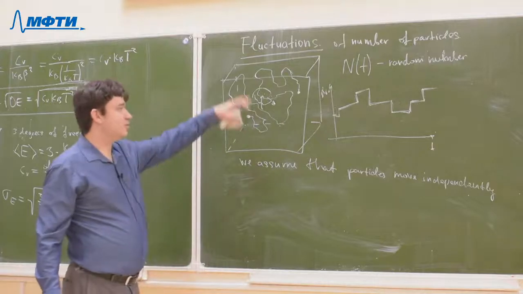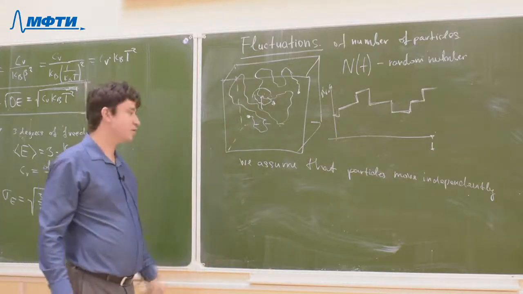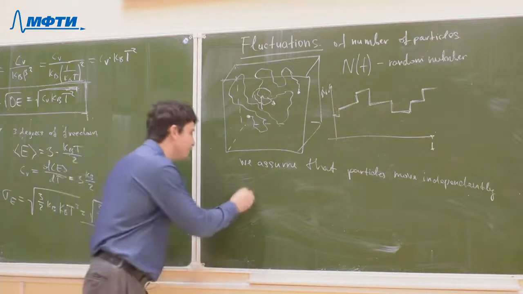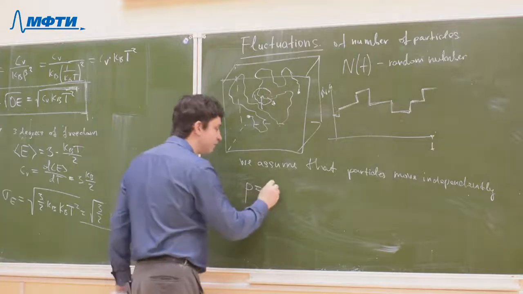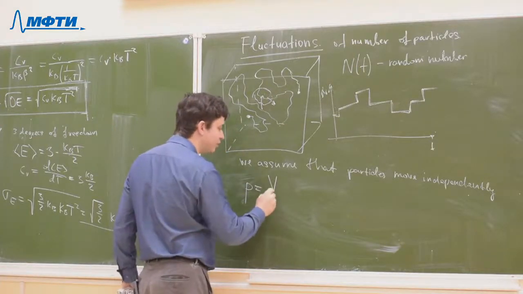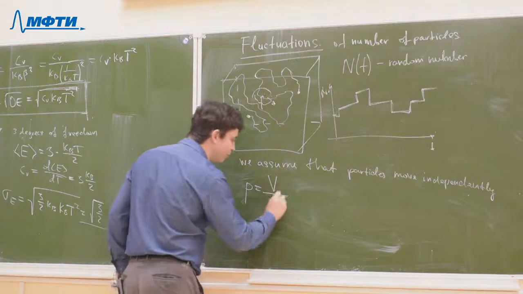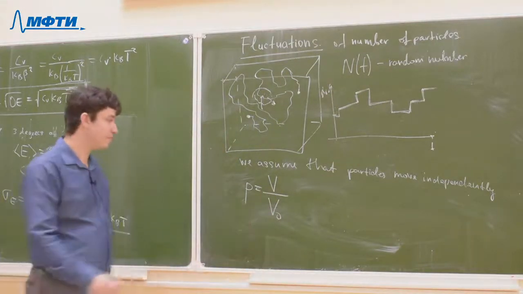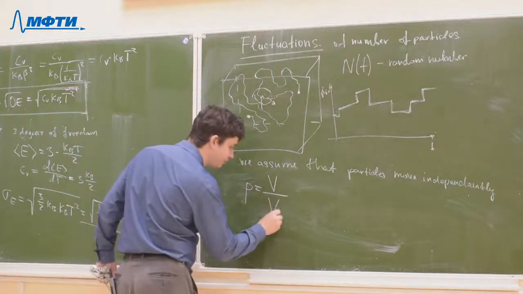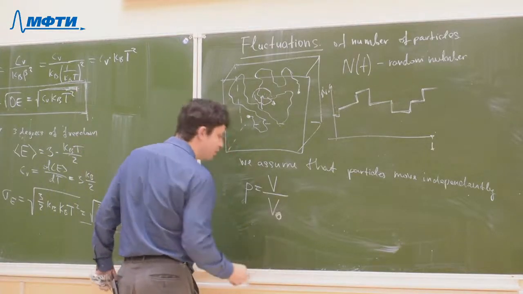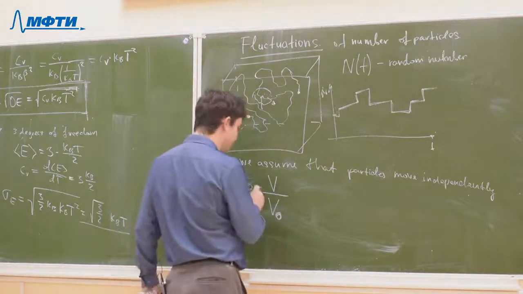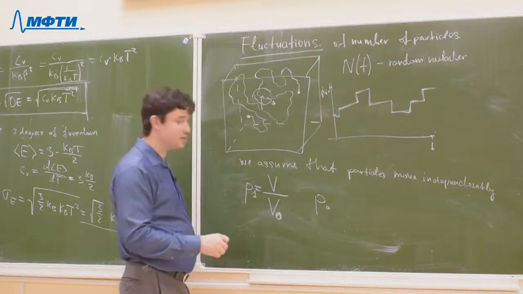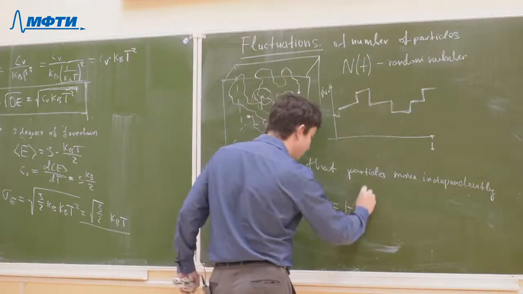But for such a particle which moves randomly in space, the probability of this particle to be found in our selected volume can be calculated as the ratio of our volume V to the volume of the vessel, which I'll denote by V0. Of course, correspondingly, the probability that this particle is not inside this volume is this.